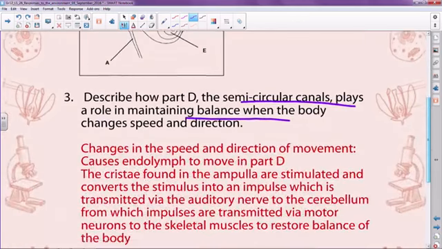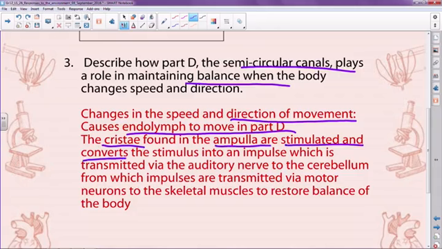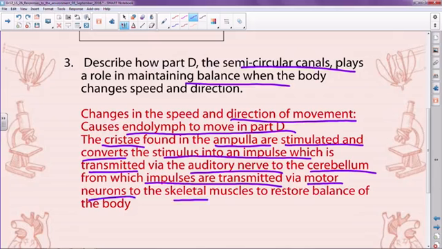Remember the three semicircular canals: changing speed and direction of movement causes the endolymph to move in part D. The cristae, which are little hair-like structures found in the ampulla, are stimulated and convert the stimuli into impulses, which are transmitted via the auditory nerve to the cerebellum, from which impulses are transmitted via a motor neuron to the skeletal muscles to restore balance in the body. Remember, it sends it to the cerebellum. The cerebellum says, oh, your head is tilted like this. We need to fix it.